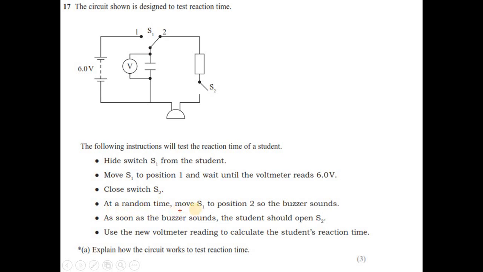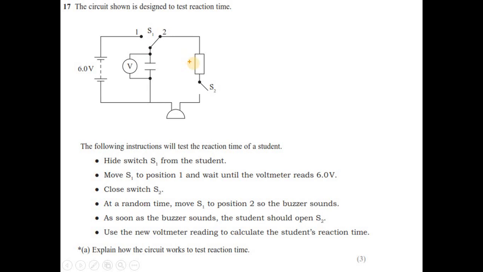At a random time, move S1 to position 2 so the buzzer sounds. As soon as the buzzer sounds, the student should open S2. Use the new voltmeter reading to calculate the student's reaction time. Explain how the circuit works to test reaction time.